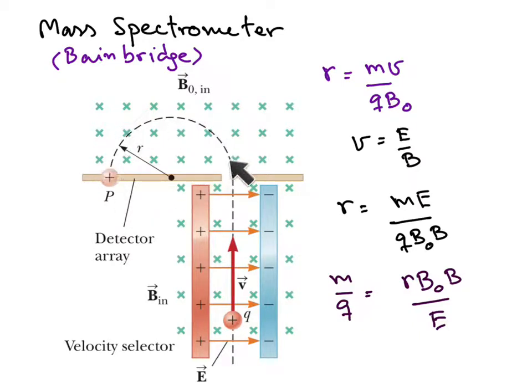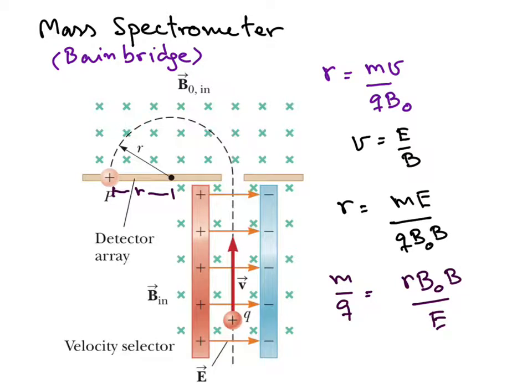The particle will move in a circular path and hit the detector somewhere here, and you can measure the distance from the center to the position where the particle hits the detector, which gives the radius R. So we can measure the mass to charge ratio of the particle.